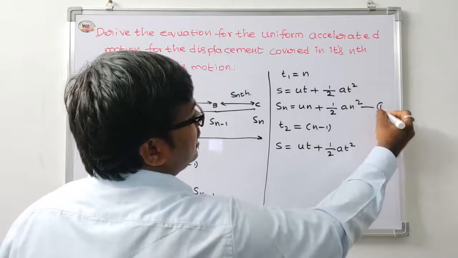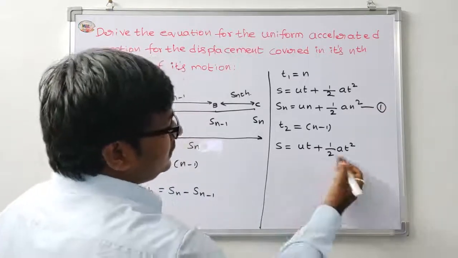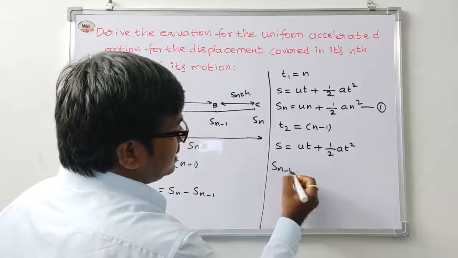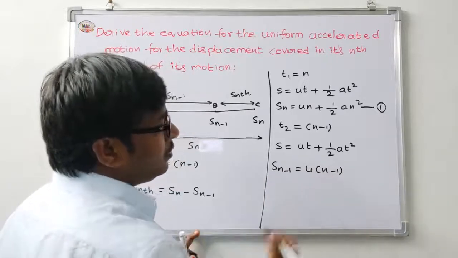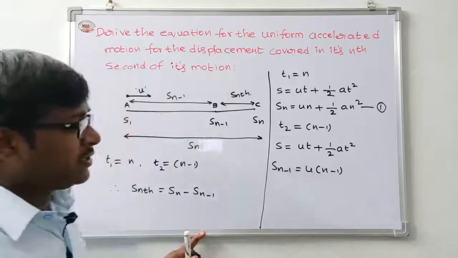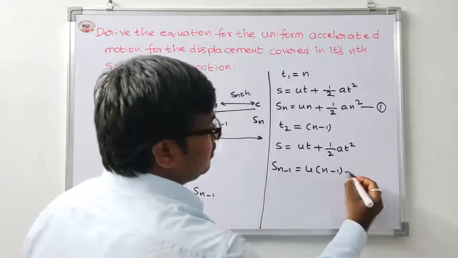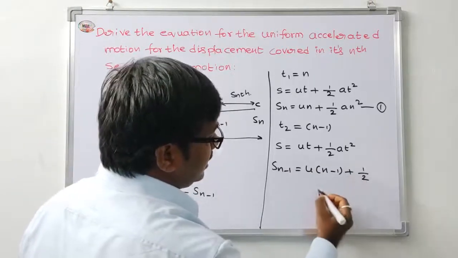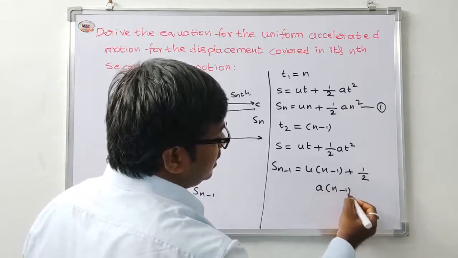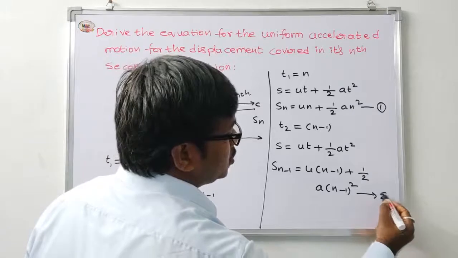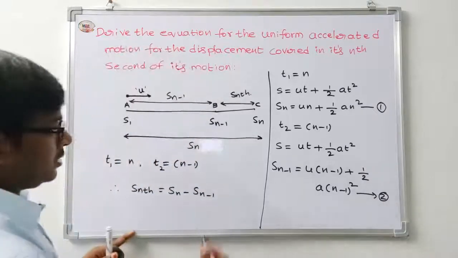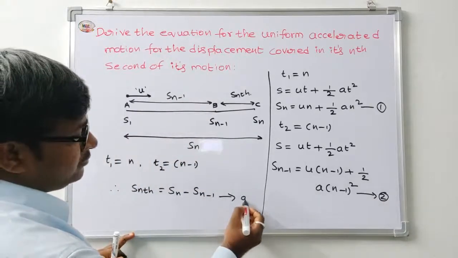Here s is Sn, so Sn is equal to un plus half an square. This is equation number 1. Next case, t2 is equal to n minus 1. Substituting this value in place of t in the second kinematic equation, s is equal to ut plus half at square, Sn minus 1 is equal to u into n minus 1 plus half into a into n minus 1 whole square. This is equation number 2. And this is equation number A.